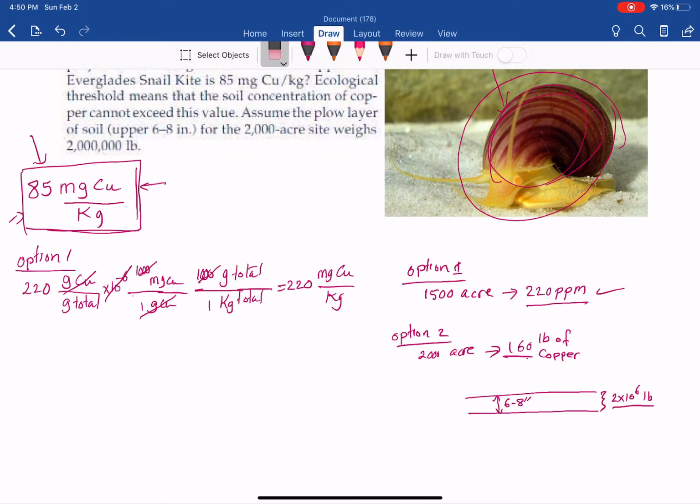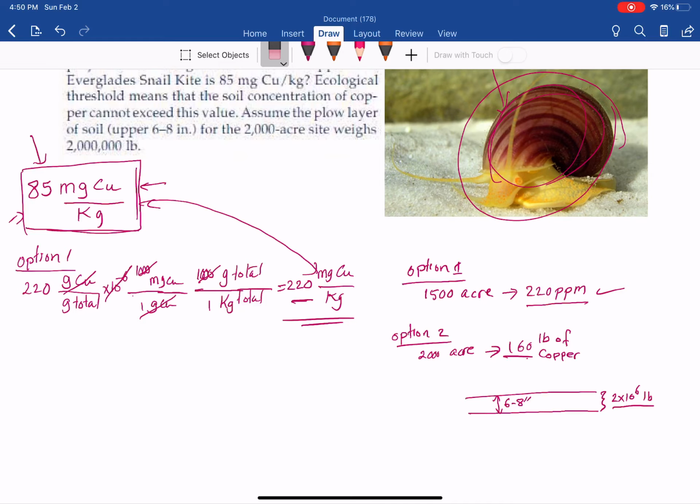Now look at this. 220 is huge, and the standard is 85 milligrams per kilogram. This is huge compared to the standard. So option one would not be a selection. The engineer should not select option number one, because it has 220 milligrams copper per kilogram compared to 85, the regulation.